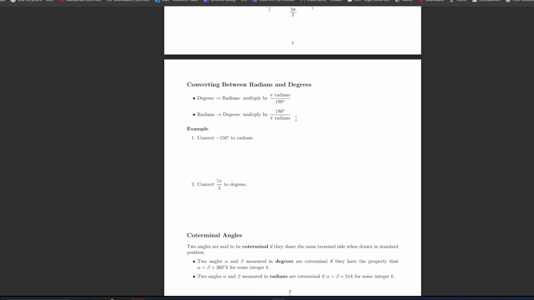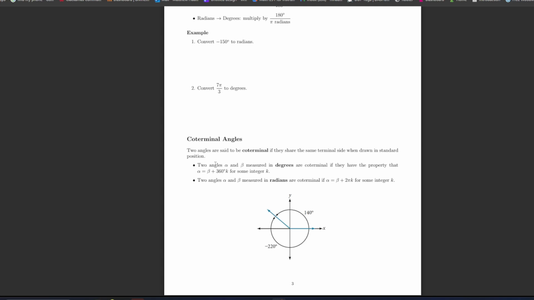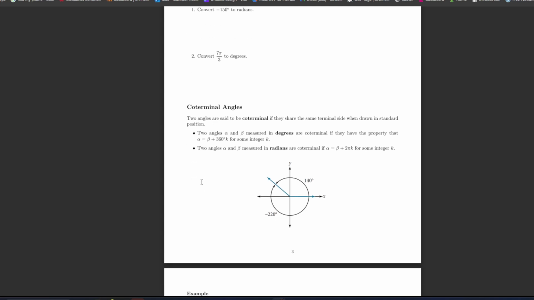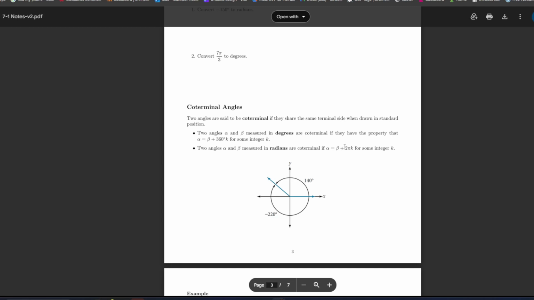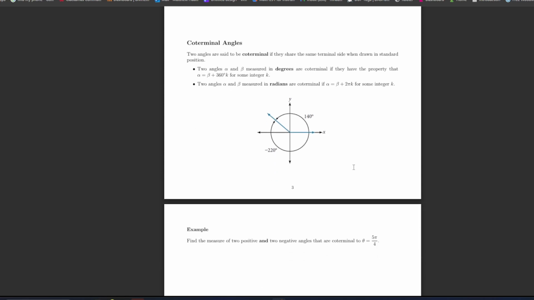They're just two versions of the same relationship. So you can do some of those conversions. We had a nice talk about coterminal angles, just again adding and subtracting full rotations. If you're in degree mode, a full rotation is 360. If you're in radian mode, we'd be adding or subtracting multiples of 2 pi, because that's what a full rotation is in radians.